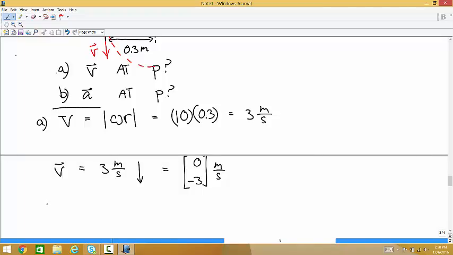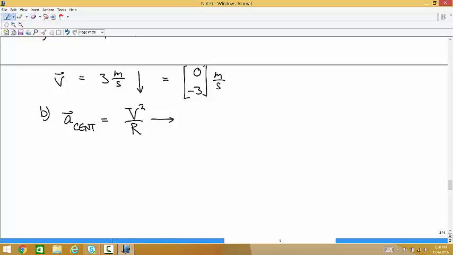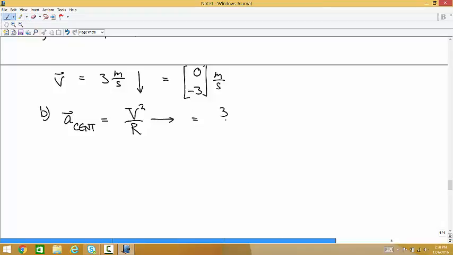Okay, so now the acceleration. This one takes a couple of steps. Well, first, let's calculate the magnitude of the centripetal acceleration. That's v squared over r, and we know the direction is this way. We already figured that out. The speed is 3, so 3 squared divided by the radius, 0.3.